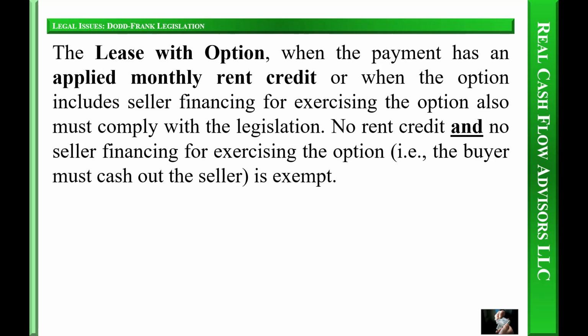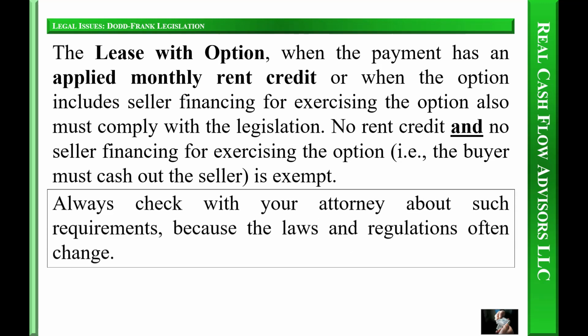No rent credit and no seller financing for exercising the option, that is, the buyer must cash out the seller, is exempt. Always check with your attorney about such requirements because the laws and regulations often change.